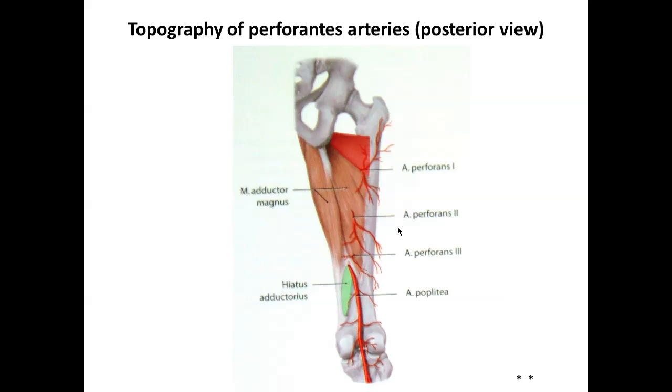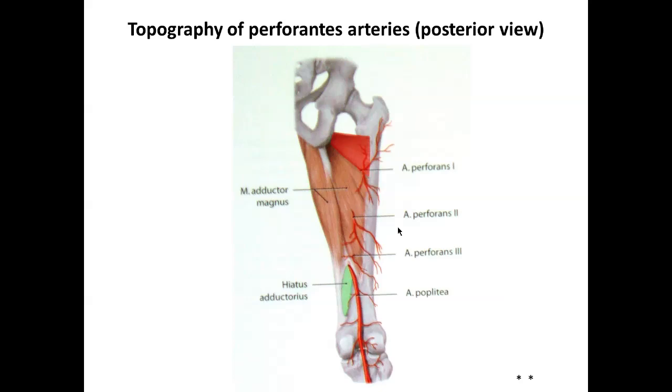And now, summarizing this material, I'd like to say arteria femoralis serves for two purposes: for vascularization of the anterior surface, it's due to femoralis itself, and for vascularization of the posterior surface of the thigh.